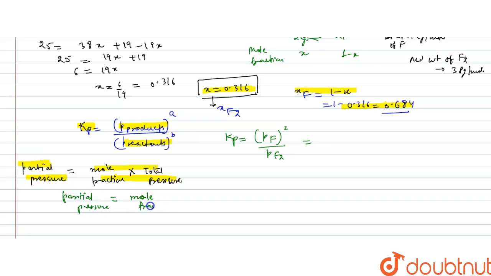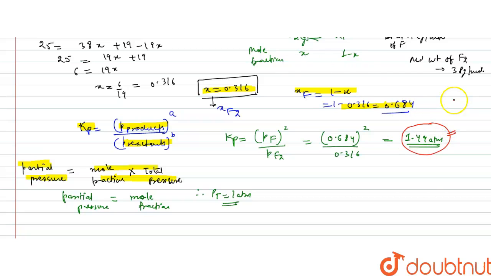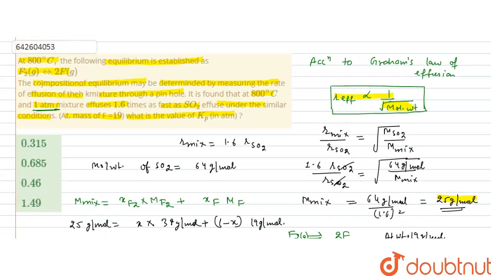The partial pressure of the fluorine atom is its mole fraction, 0.684, so it would be 0.684 squared divided by the partial pressure of the fluorine molecule, which is equal to its mole fraction, 0.316. When we calculate this, it equals 1.49 atmosphere. So this is the value of Kp, the pressure equilibrium constant: 1.49 atmosphere. The correct answer to this question is option D, that is 1.49 atmosphere.